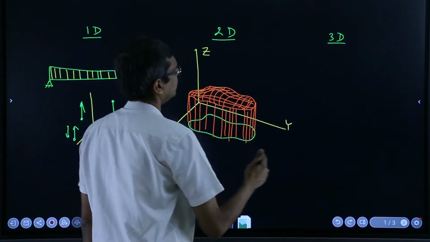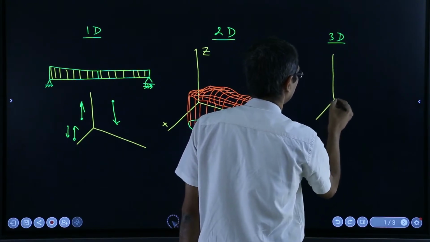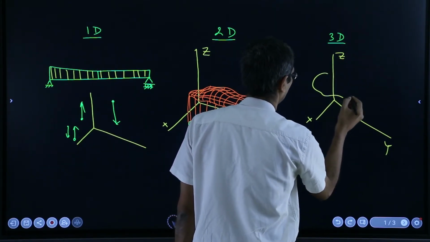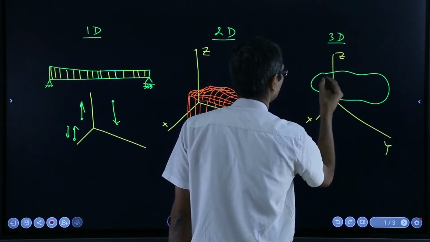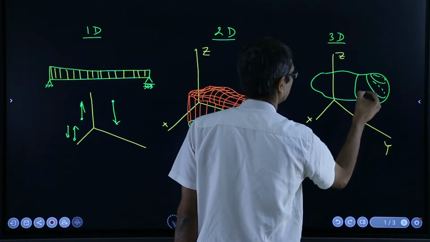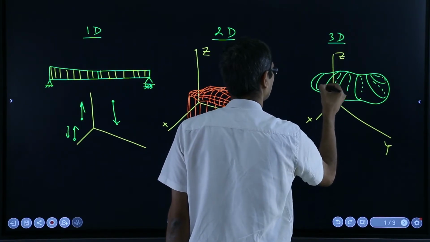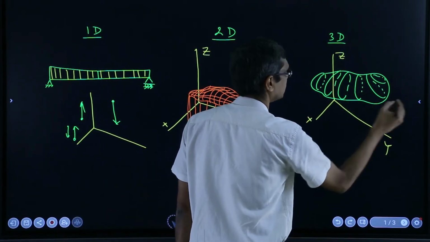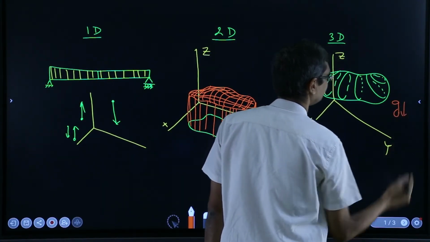Now coming to 3D, suppose there is a 3D space like that, x, y and z, and in that space we have a 3D body. As I had mentioned in one of the lectures, I'll denote it like this. Suppose gravity is acting downwards.